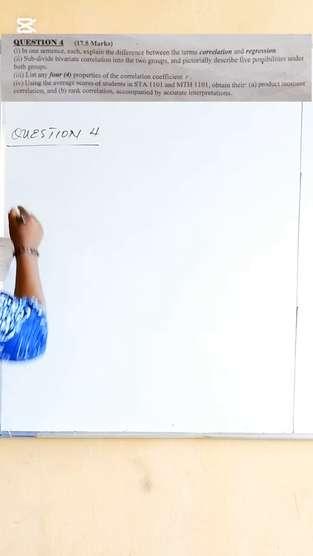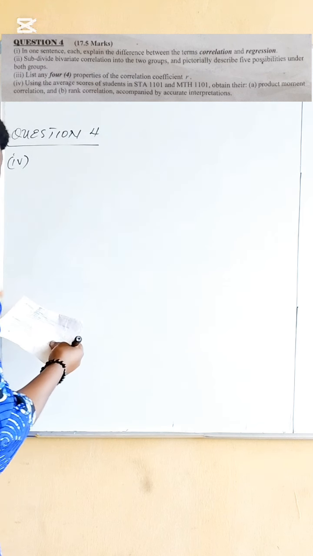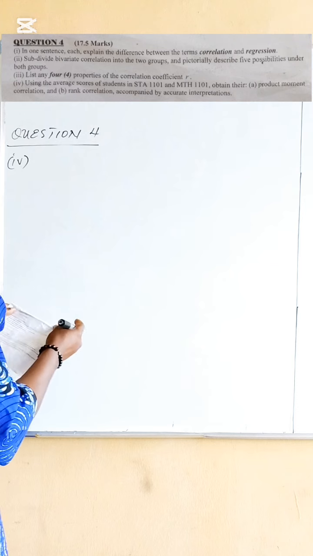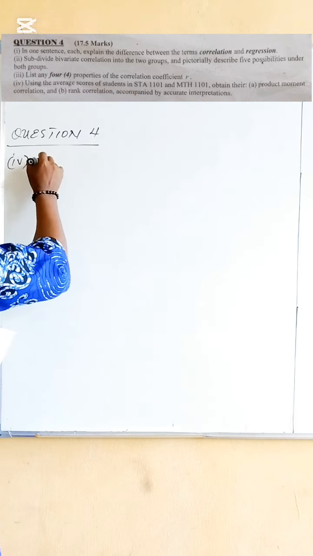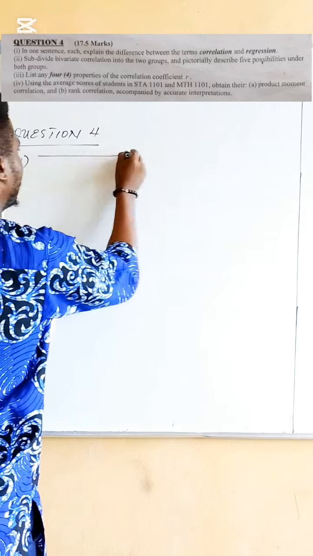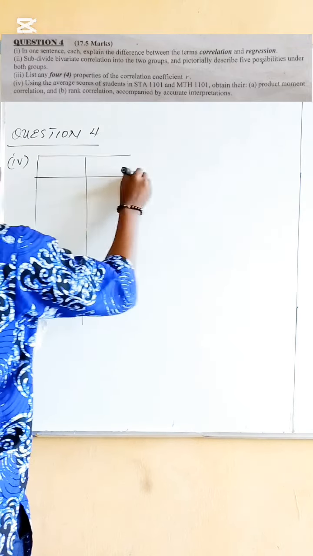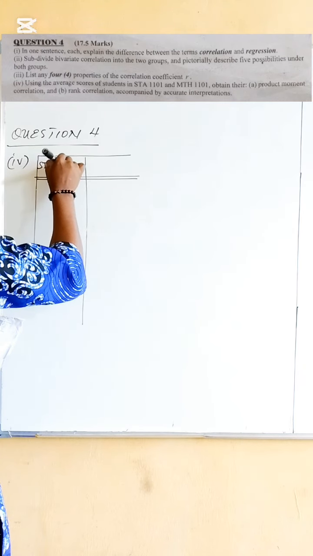It says using the average scores of students in STA 1101. Quickly, I'm going to recall that we had our average scores in STA 1101, which we had called our Y previously. You can go back in the video to see STA 1101.